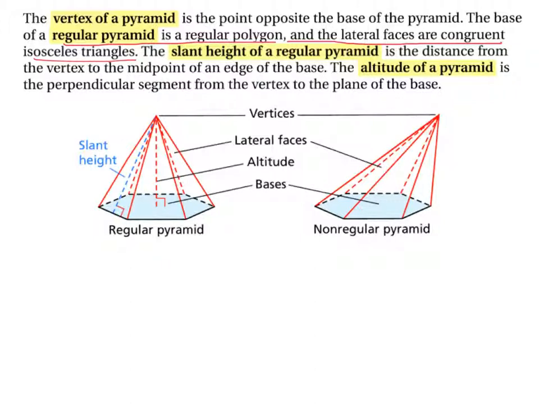So if we look here, the altitude on this one goes from the vertex, it's 90 degrees right here. Over here, it could be a segment that is perpendicular from the vertex to the base.